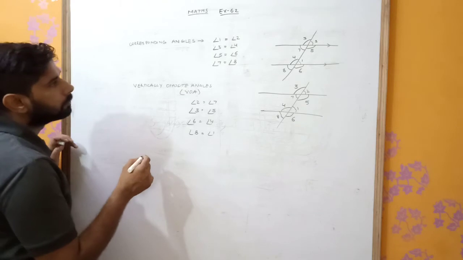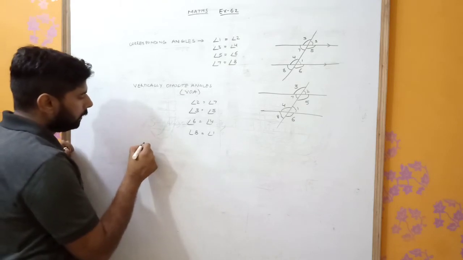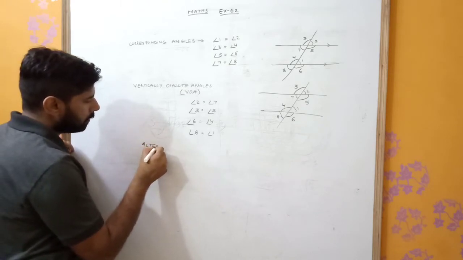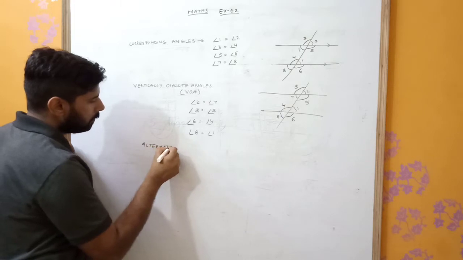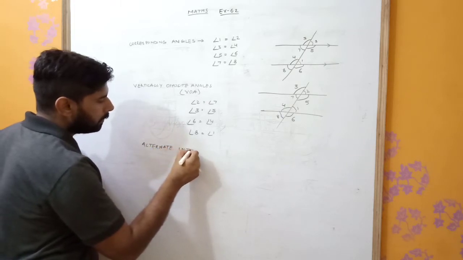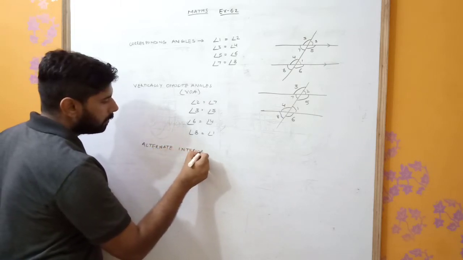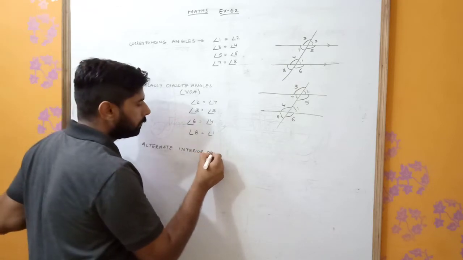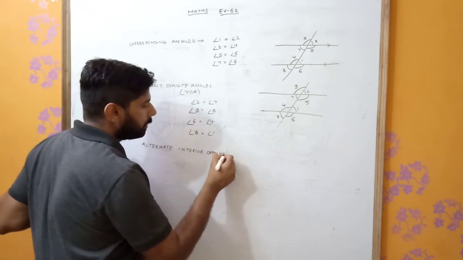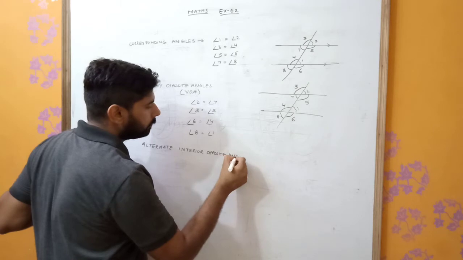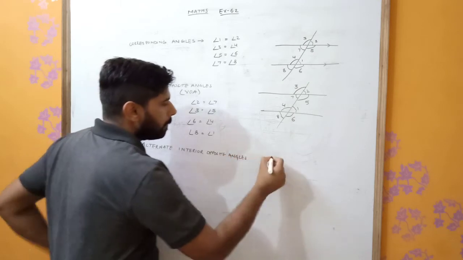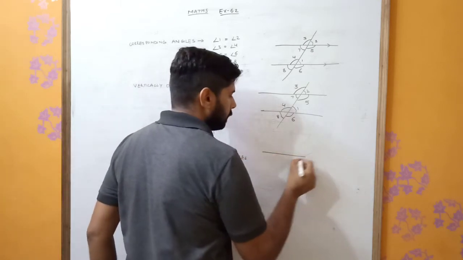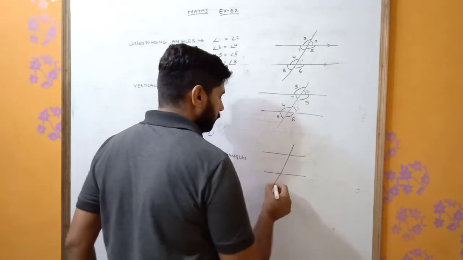Next, alternate interior opposite angles. Again, two parallel lines are there.